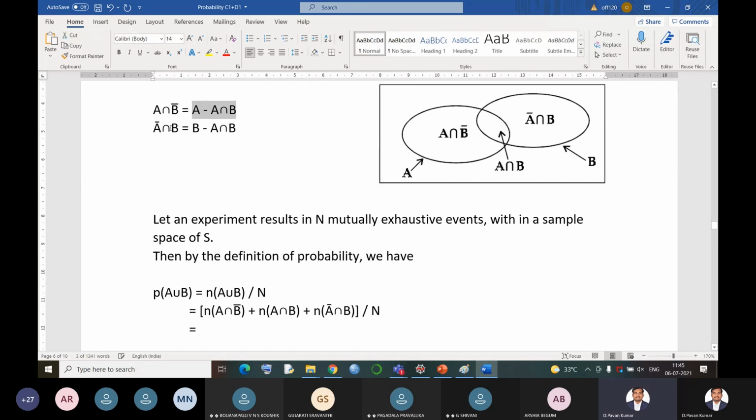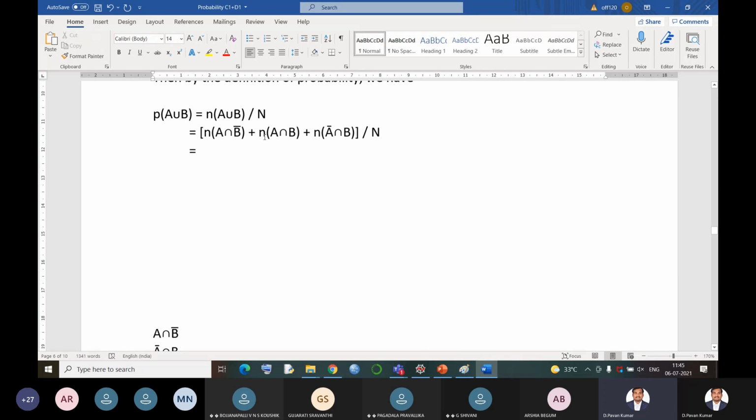A intersection B bar is A minus A intersection B. As well, A bar intersection B is nothing but B minus A intersection B. Yes or no? So let's expand it. Now, N of A intersection B bar is equal to N of A minus N of A intersection B. That is our first formula, and N of A intersection B remains as usual, plus next one.